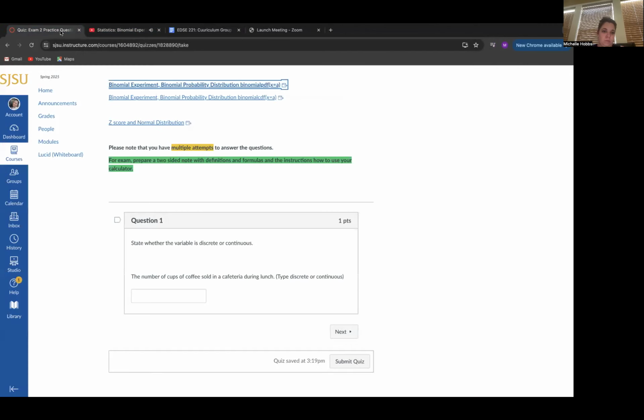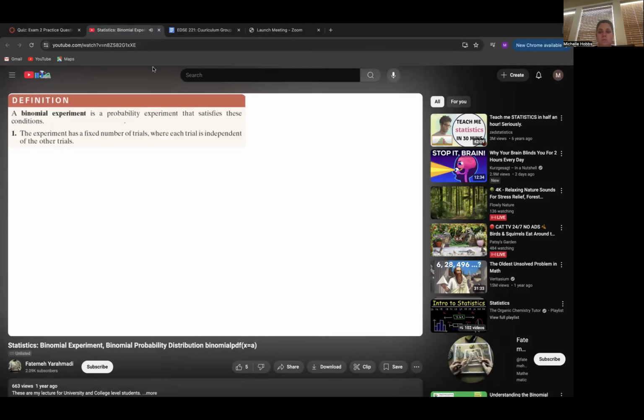So what is a binomial experiment? A binomial experiment is a probability experiment, satisfies the following conditions. What are the conditions? First of all, the experiment has a fixed numbers of tries, where each trial is independent of the other one.